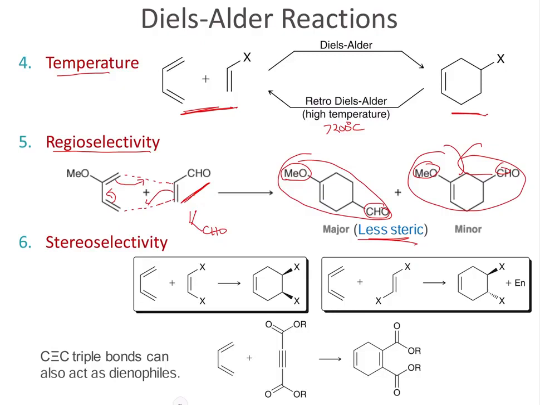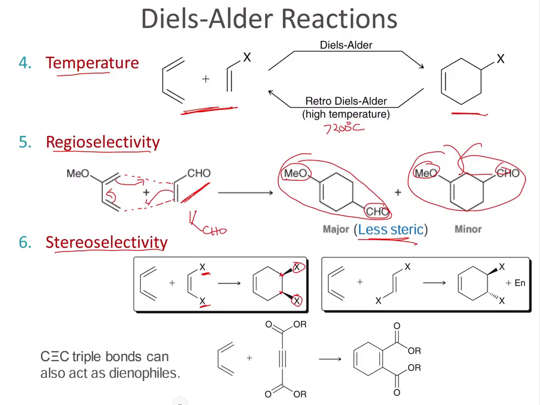Let us look at the stereoselectivity. In some cases, you could have compounds that are cis, that is, similar substituents on the same side. And if that happens, the reaction will go on, and you end up with the same substituents being on the same side when the stereochemistry is now achieved.